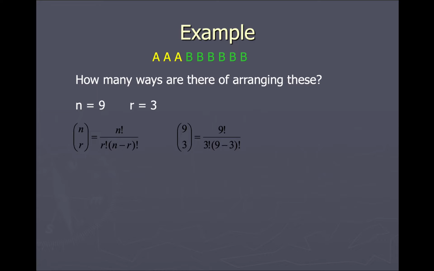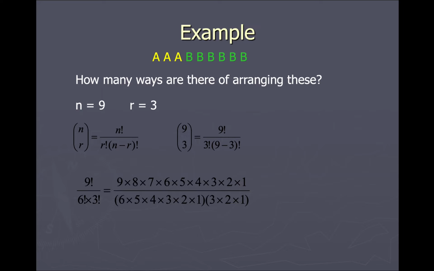So 9 choose 3 is equal to 9 factorial divided by 3 factorial times 9 minus 3 factorial, which is 9 factorial divided by 6 factorial times 3 factorial, which when you work it out comes to 84.